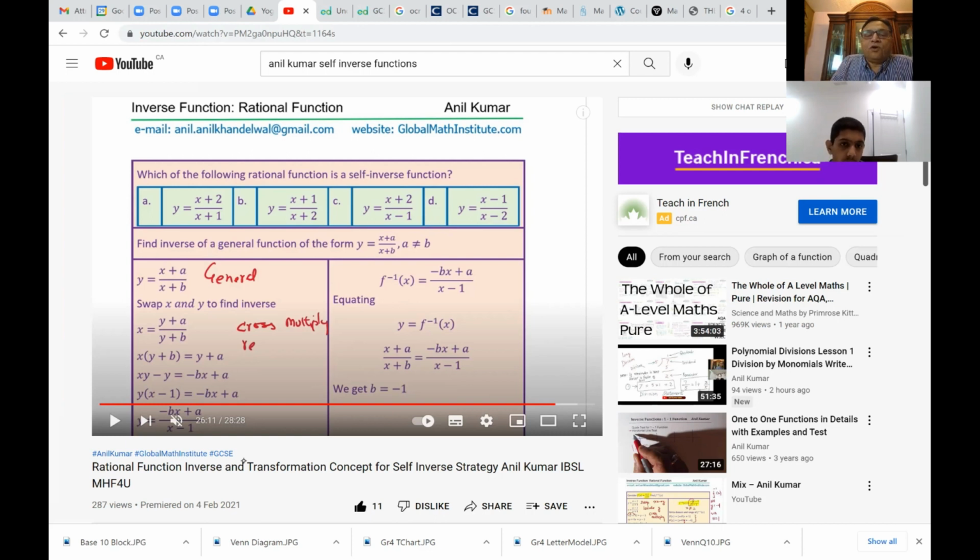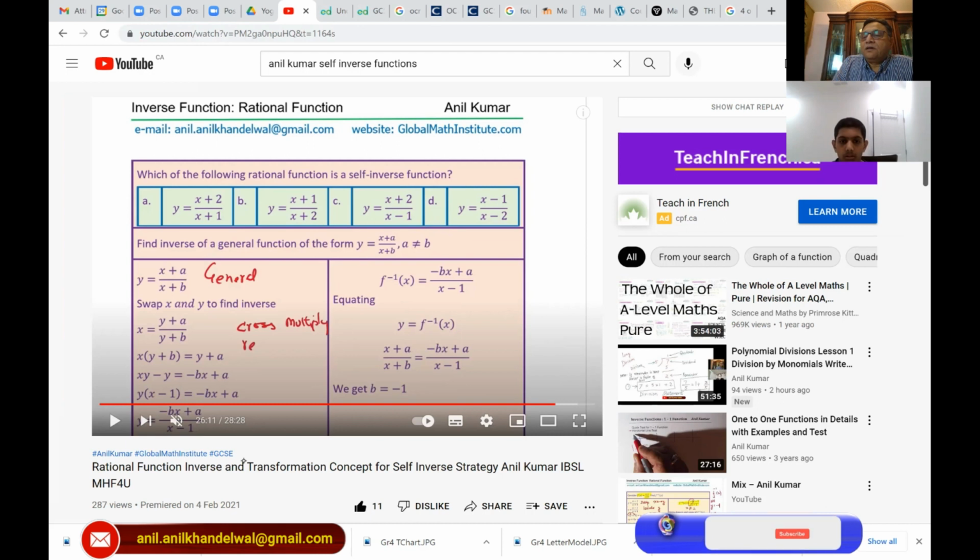So what value of b will satisfy this relation? Minus 1. You get the idea? If b is minus 1, b is in the denominator, and we want x minus 1 in the denominator. So only equation C has got −1 in the denominator. Is that clear to you?